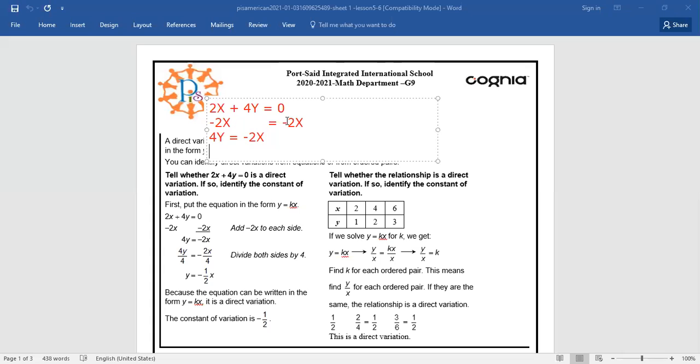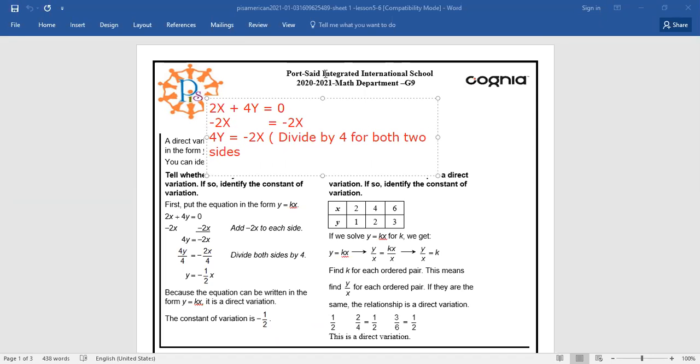Now I'm going to keep only y on one side. So what do we have to do? Divide by 4. Yes, we divide by 4 on both sides.